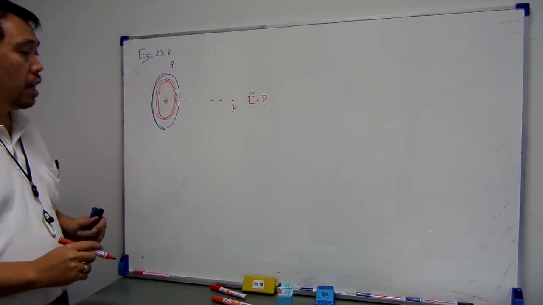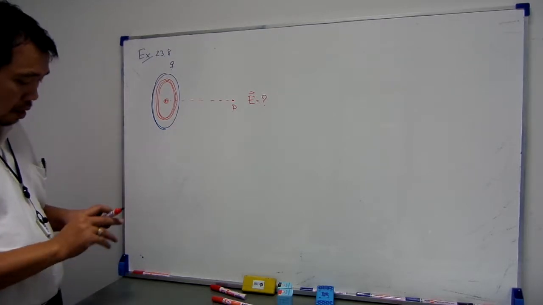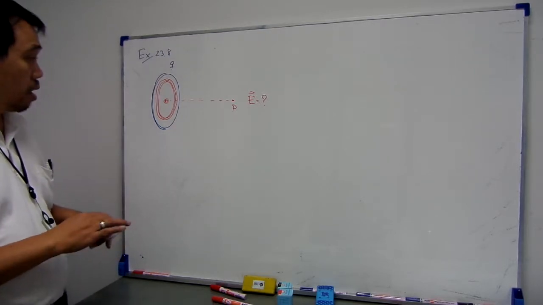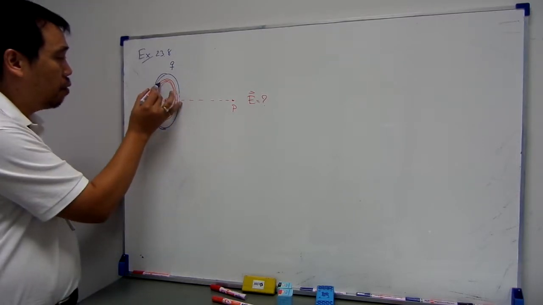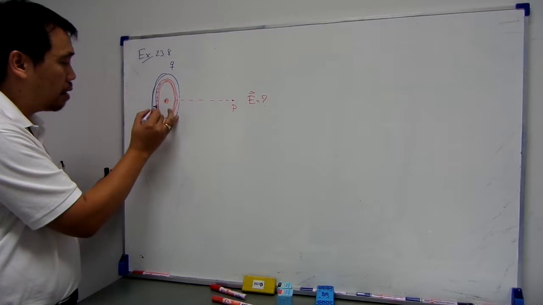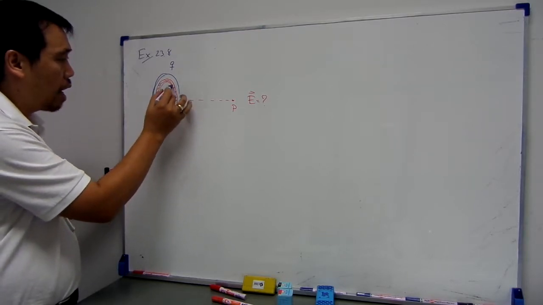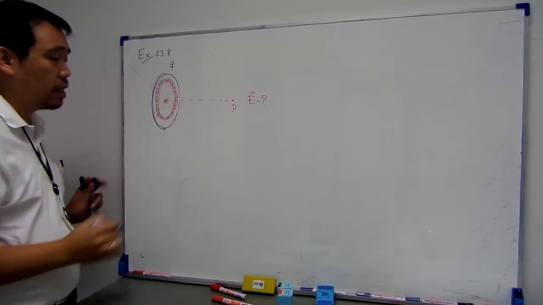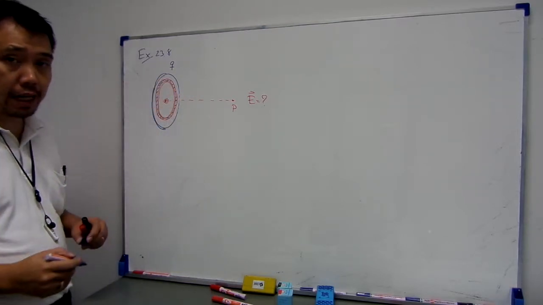And why is this a better idea? Because we know from the previous example that if we look at a particular ring, we already have the expression for the electric field from each ring.